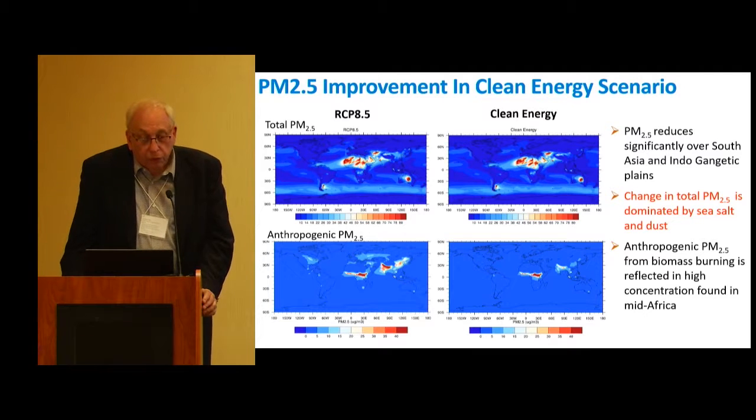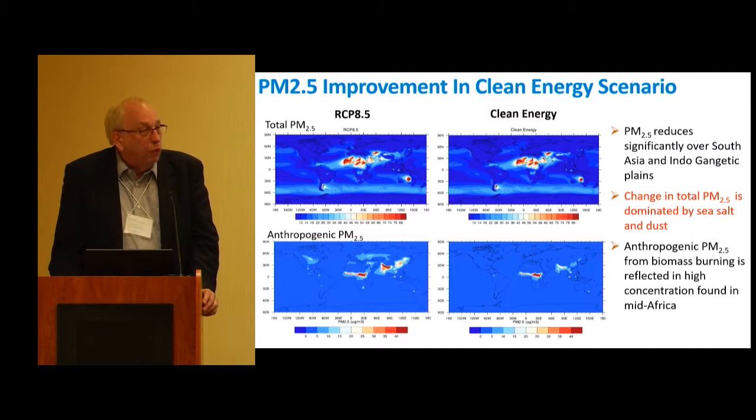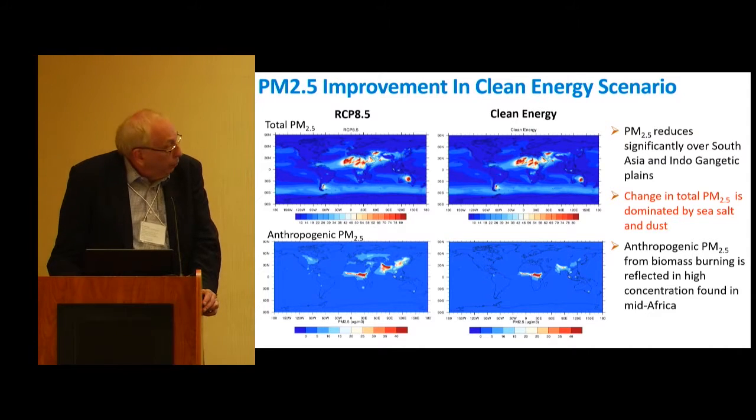It's total PM 2.5 on the top, so it includes the natural sources of PM from dust and sea salt, for example, in the top, whereas the bottom only shows the anthropogenic production. So that anthropogenic production, for example, in Africa, shows a remaining large amount, but that's primarily from biomass burning.